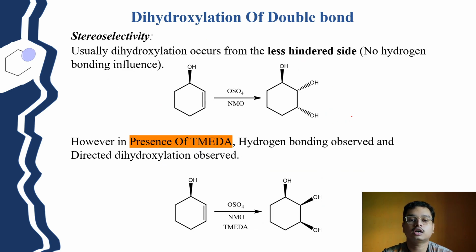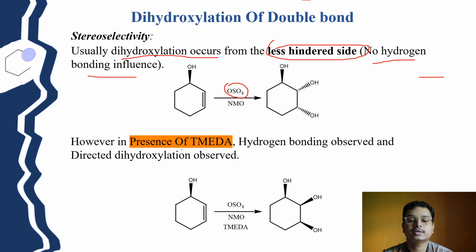Now let us talk about the other selectivity, like in the presence of an adjacent group. So usually dihydroxylation occurs from the less hindered side, where there is no hydrogen bonding influence in the presence of just OsO4.